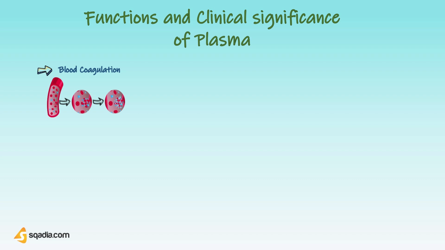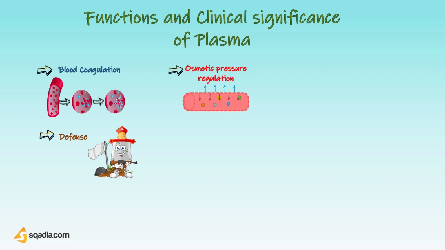Let's revise them briefly. It plays a role in coagulation due to the presence of fibrinogen and coagulation factors. In defense, that is by immunoglobulins or antibodies, synthesized by plasma cells. In the maintenance of osmotic pressure, around 25 millimeters of mercury, by plasma proteins like albumin.